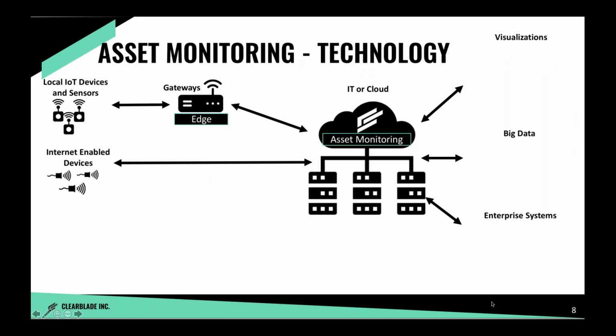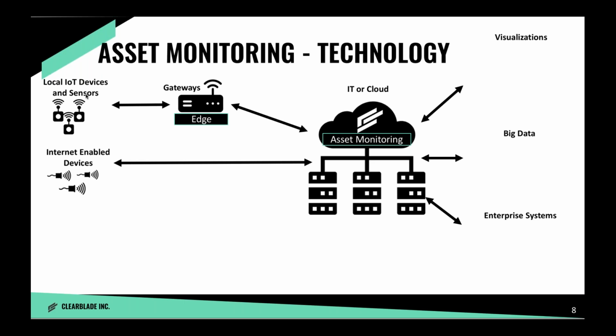Here's the ecosystem. Here's the techiest slide that we have going. The ecosystem is a lot of sensors sitting on the far left-hand side. These sensors, from Clearblade's perspective and just generally, fit into 2 categories. The first is they're local IoT devices. They may speak traditional protocols. Think of your BACnet, your Modbus, your CAN bus.